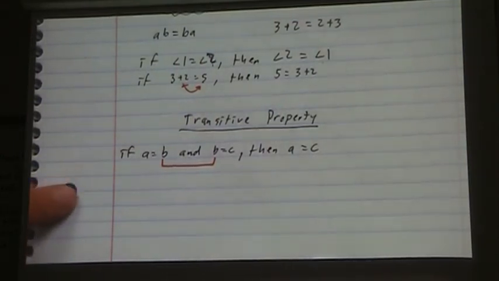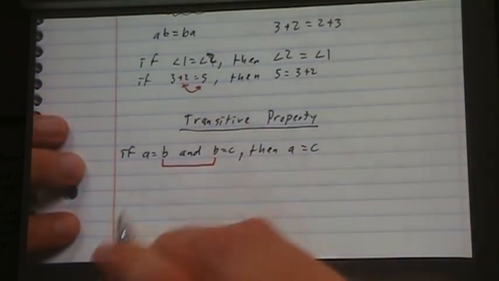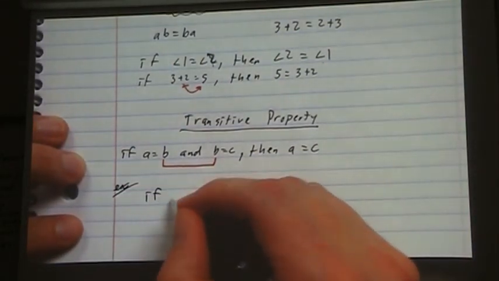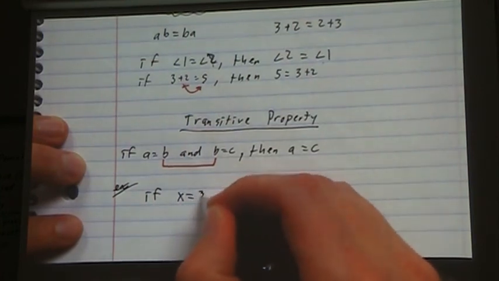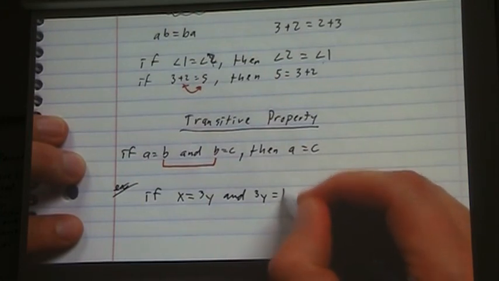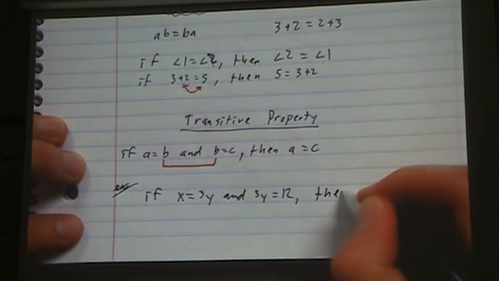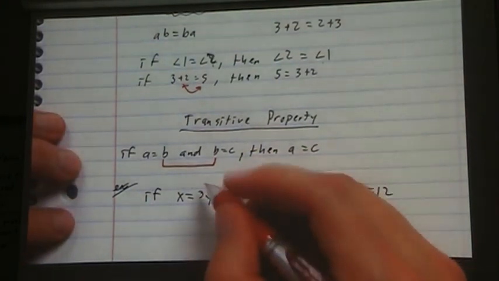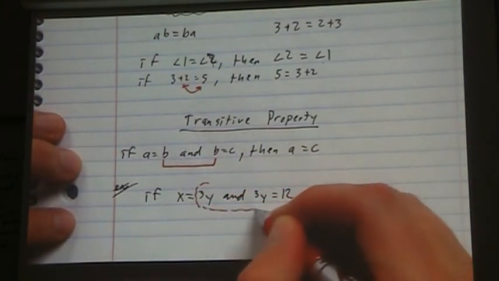So, example, if x equals 3y and 3y equals 12, then x equals 12. And here you're going to notice right here you have a special link.